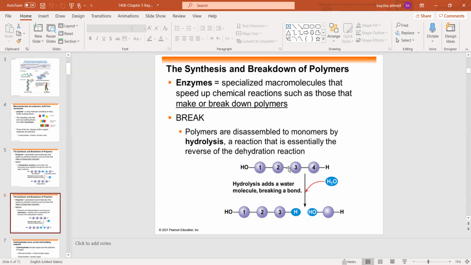The bond between monomers is broken by the addition of water molecules. In this process, the hydrogen ion from one water attaches to one monomer and the hydroxyl ion attaches to the other.